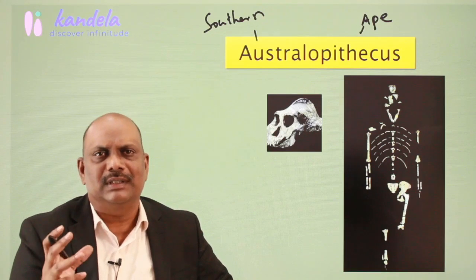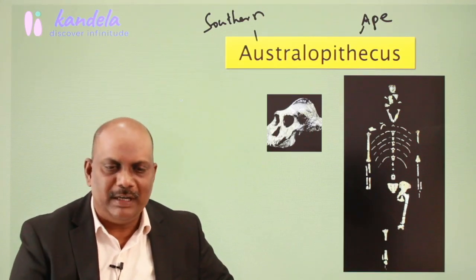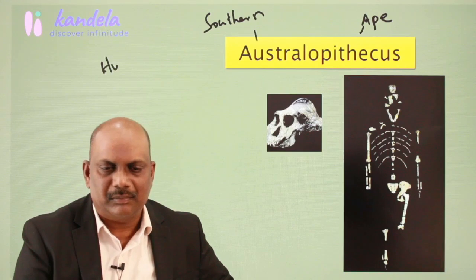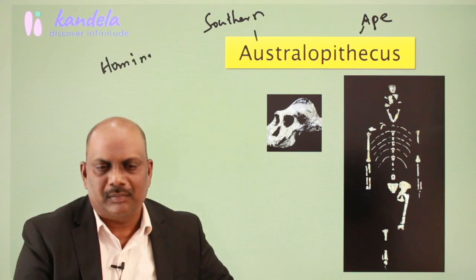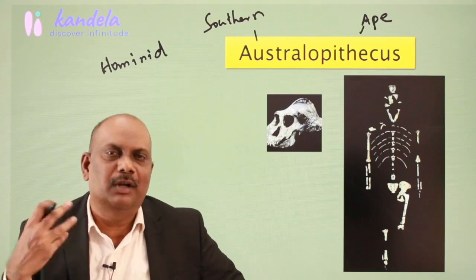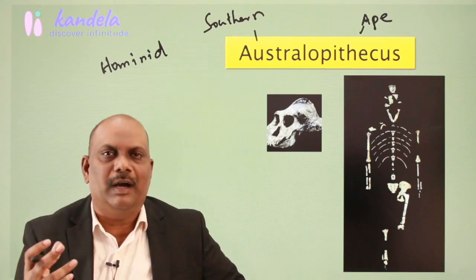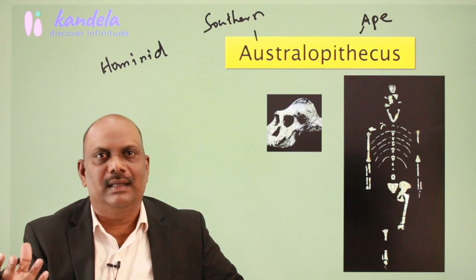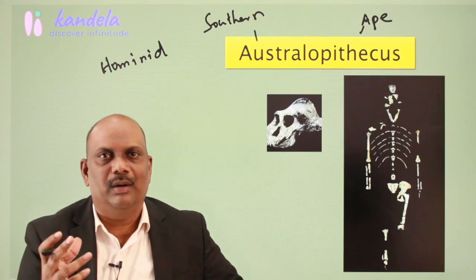Australopithecus includes a collection of hominid species. Hominid. We human beings belong to the family Hominidae and superfamily Hominidae.